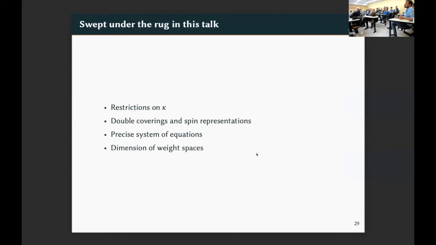There are some things I left behind on purpose. I did all this for generic kappa. If you have certain specific values of kappa, things can get messy. Otherwise, I spoke briefly about double coverings and spin representations, just to say that we have studied, to be precise, the irreducible representations of W tilde, but this is an appendix, and you have information on the representations.